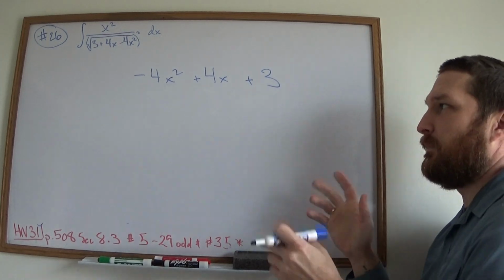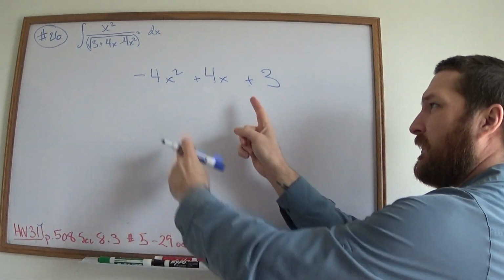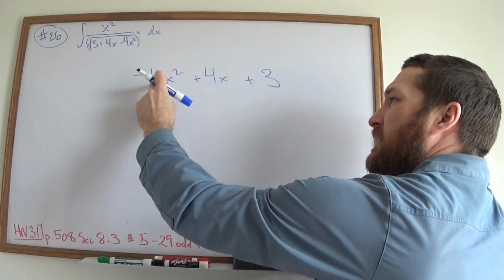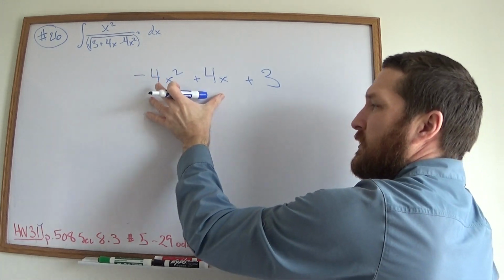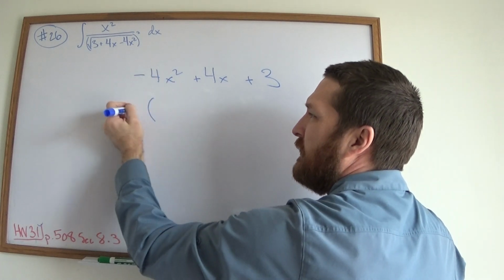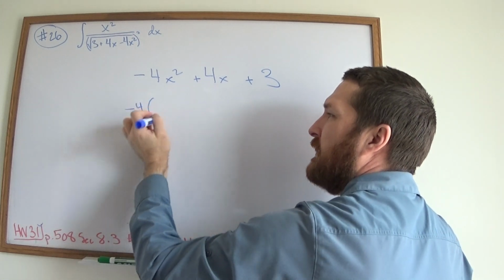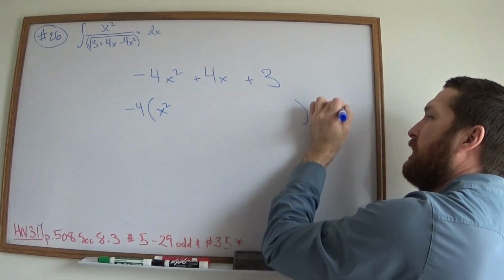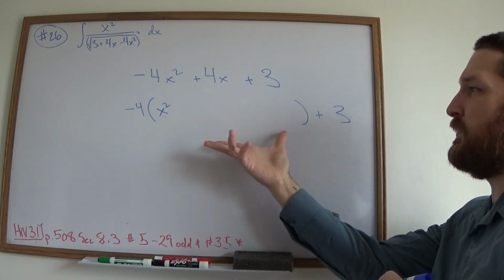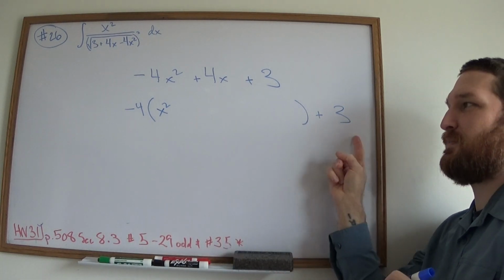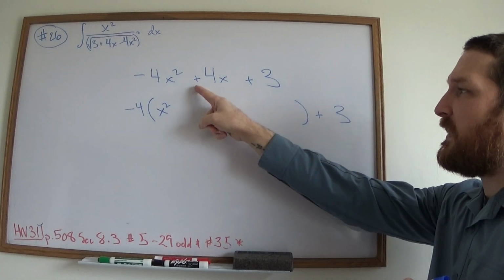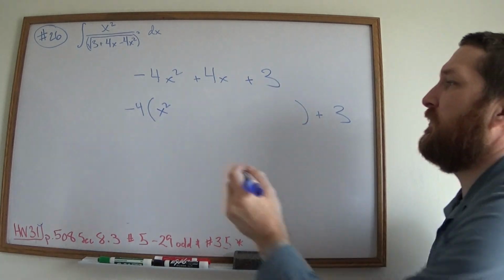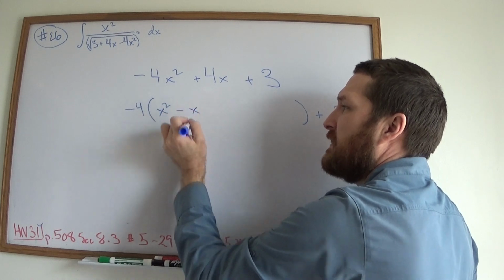So if you remember, to complete the square, we take this expression and we factor this number out of these two terms. So I'm going to factor out a negative 4. That leaves me with an x squared here. And if you remember, I said the first thing you want to do is write it like this. Give yourself some space. So factoring out a negative 4 from here leaves me with a negative x.